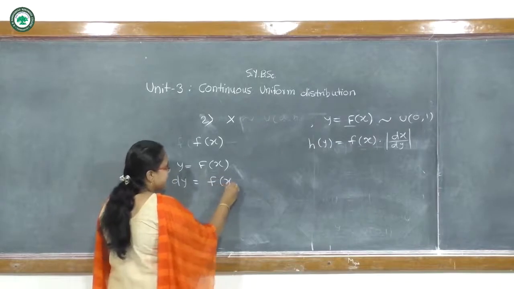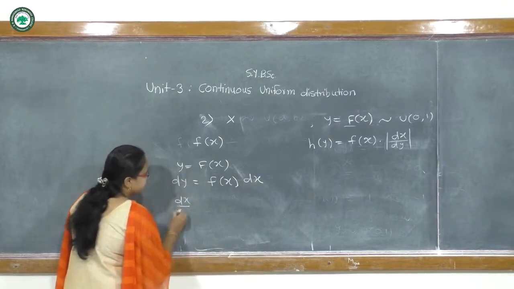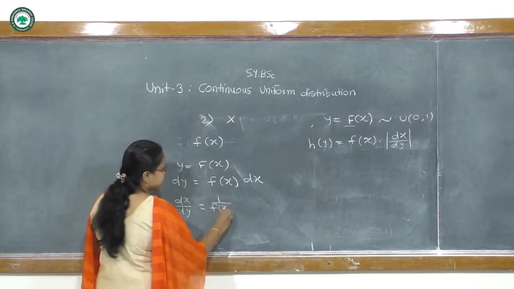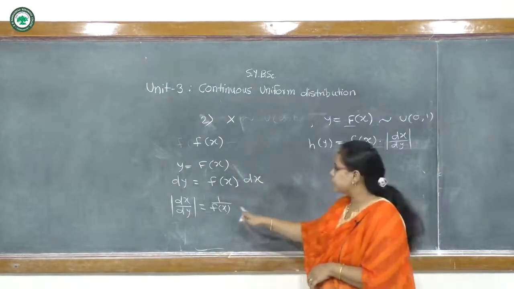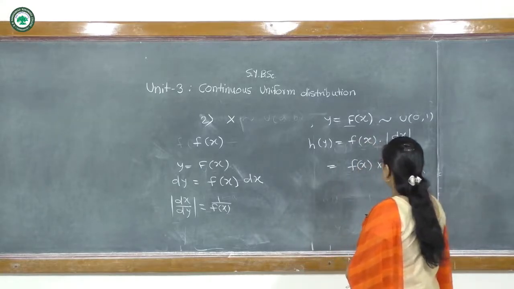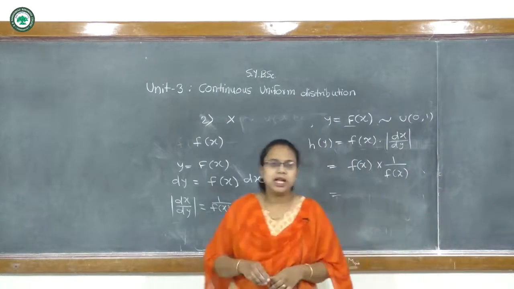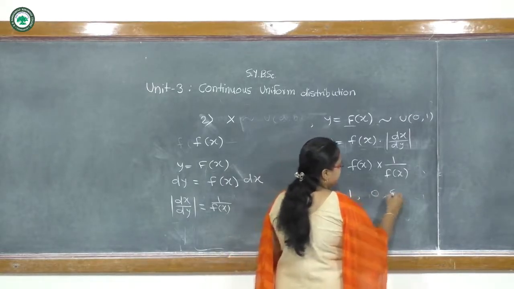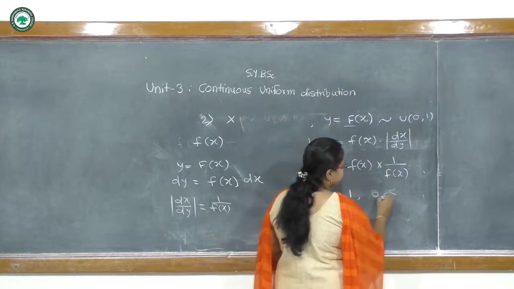So dy equals f of x dx, so dx upon dy will be 1 upon f of x, and taking its modulus, it is 1 upon f of x. Let's put in the value: f of x into 1 upon f of x. It gets cancelled and we get h of y equal to 1, and the range of y is from 0 to 1.